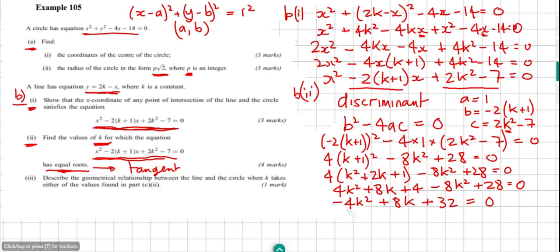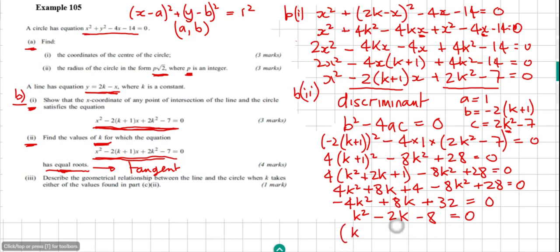The easiest thing now really is to divide through by minus 4, so I'll get a positive coefficient of plus 1 for the k squared, and that will give us k squared minus 2k minus 8 equals 0. We can solve that on the calculator, or we can factorize it.